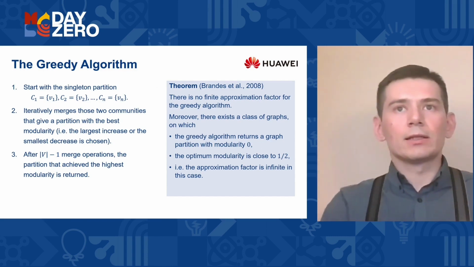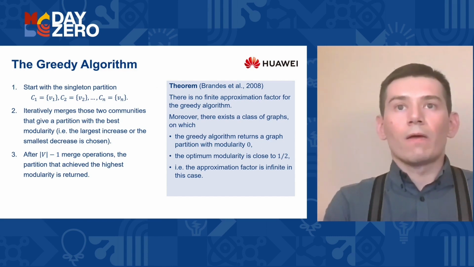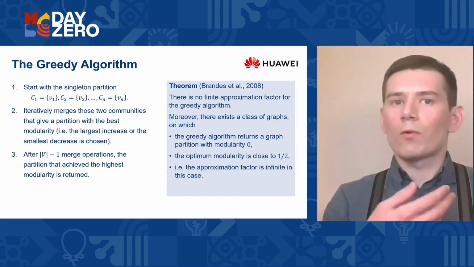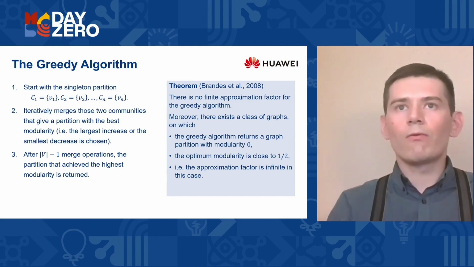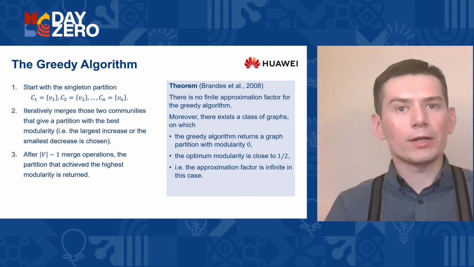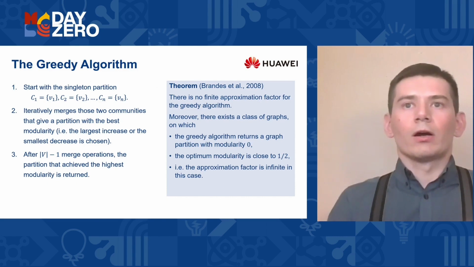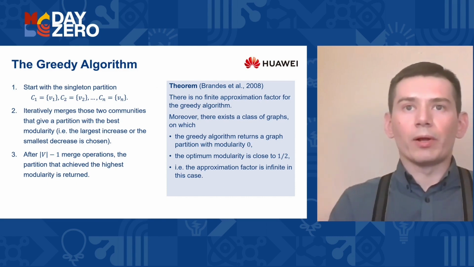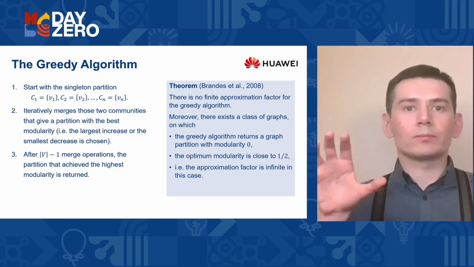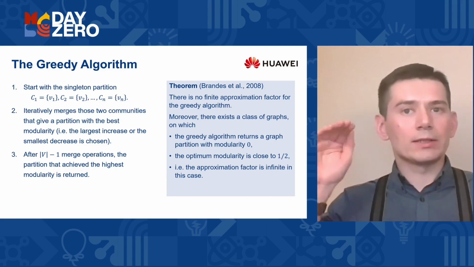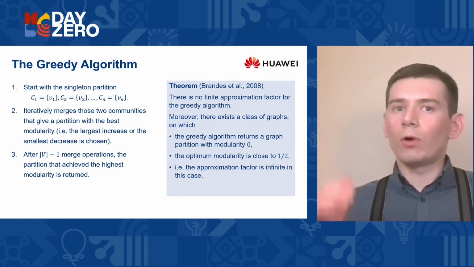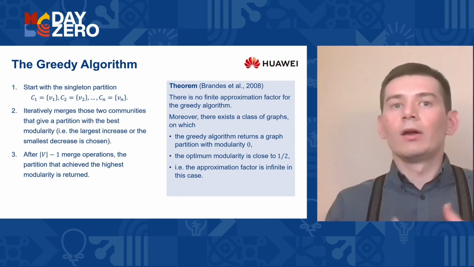And we have an excellent theorem that if we use a greedy algorithm, there is no finite approximation factor. What's the meaning of approximation factor? Consider an example: we apply a greedy algorithm and we get some modularity. And we also have the maximal possible modularity in theory.